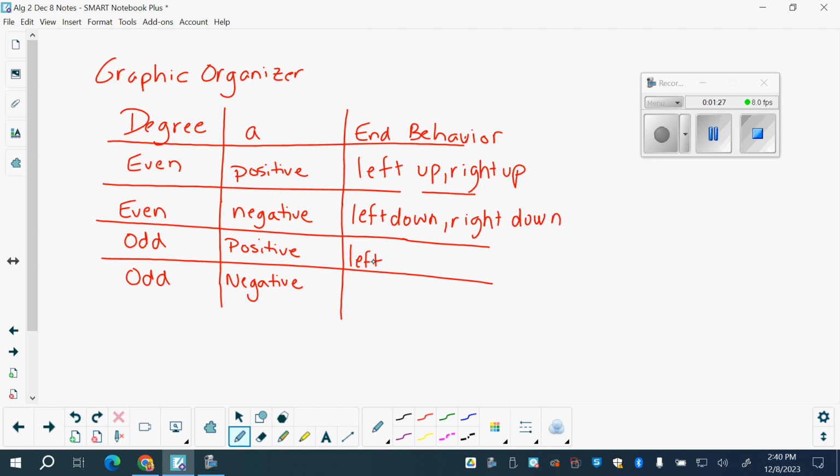Left down, right up. And then when it's negative, it's going to be left up, right down.